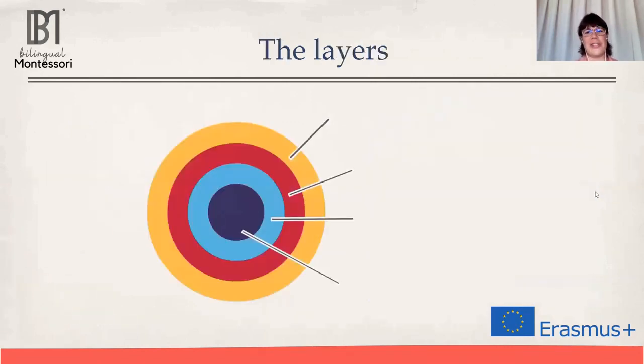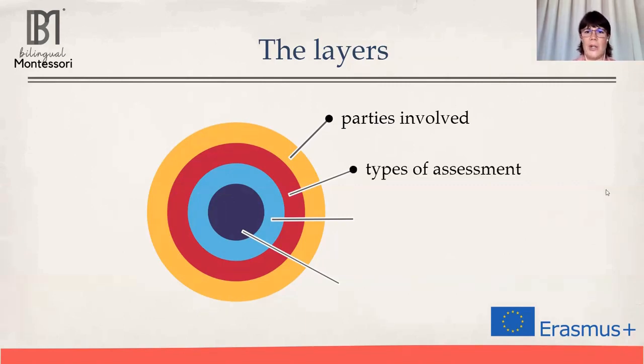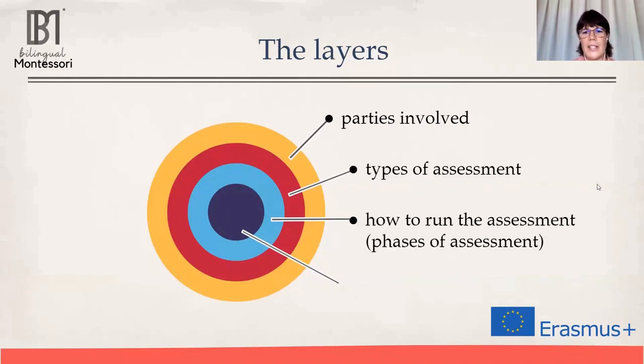So what are the layers? The first layer, I will mention something about the parties involved in the assessment process. Second of all, I will mention different types of assessment. Thirdly, I will share all the phases of assessment, all the phases we need to take care of when we decide to run any form of assessment.